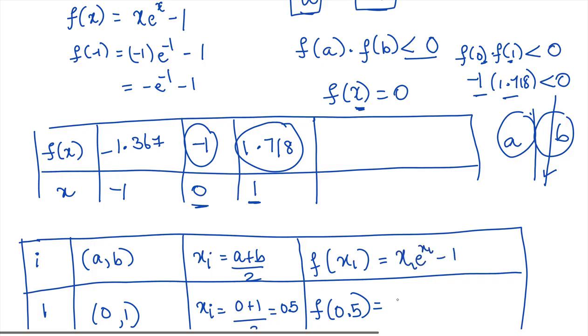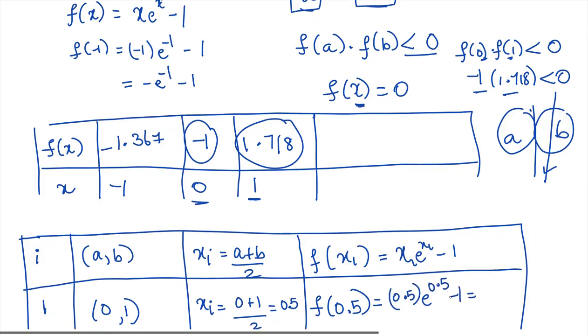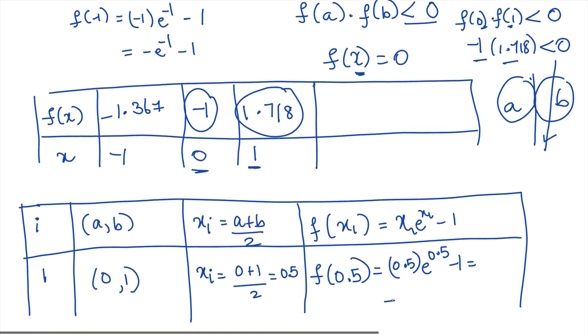So f of 0.5 is 0.5 into e power 0.5 minus 1. The value of it would be minus 0.176. I am using my calculator. So the value is minus 0.176, which is less than 0.